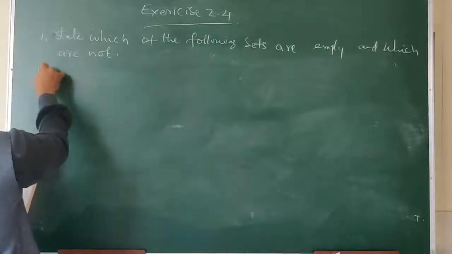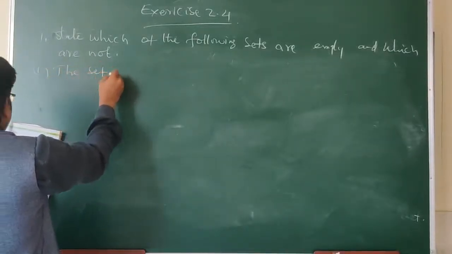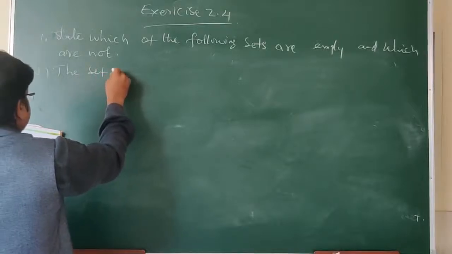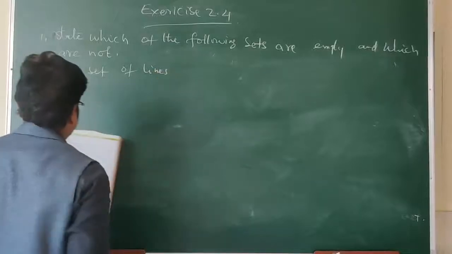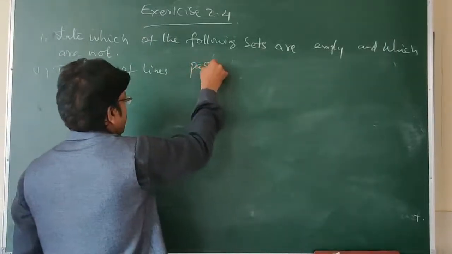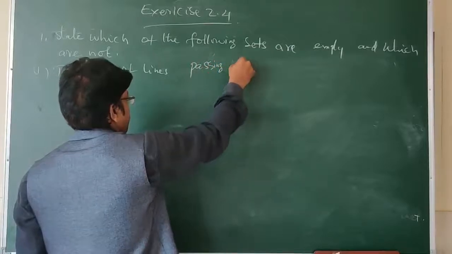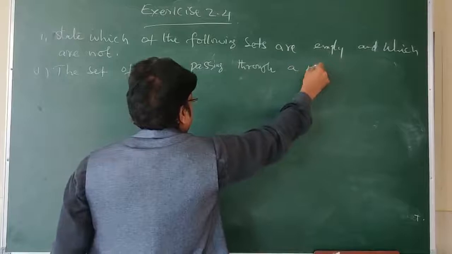The first one: the set of lines passing through a point. For example, take a point.